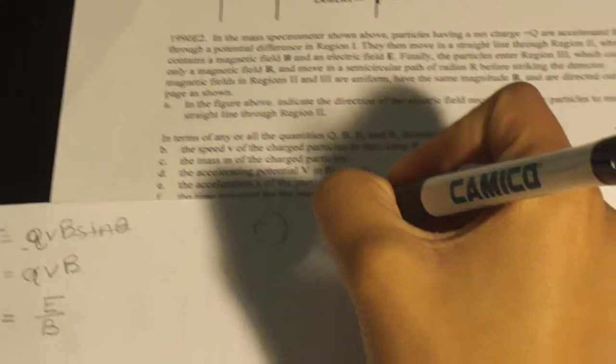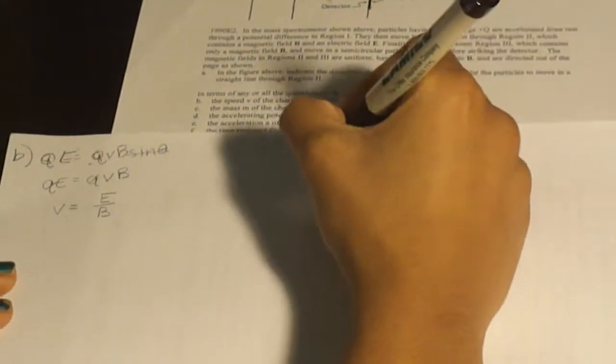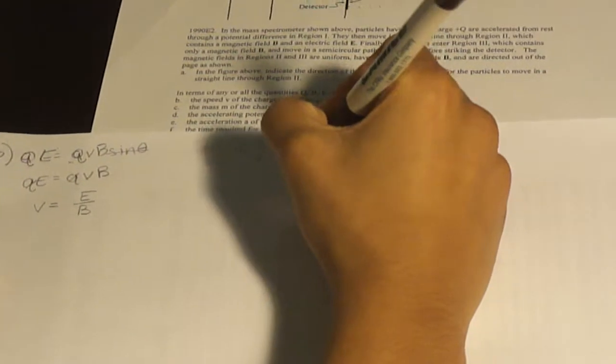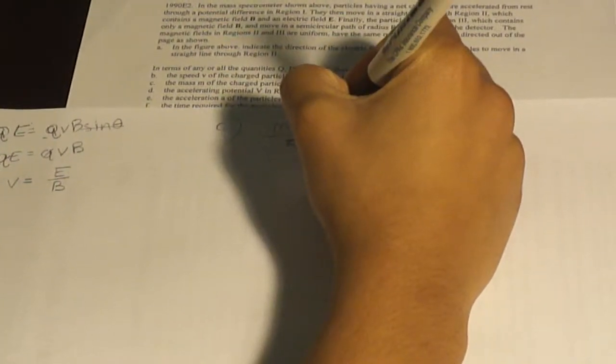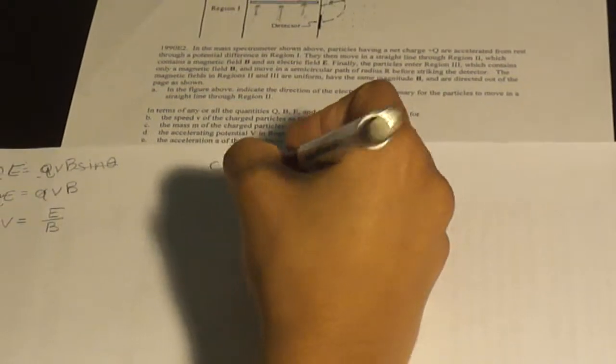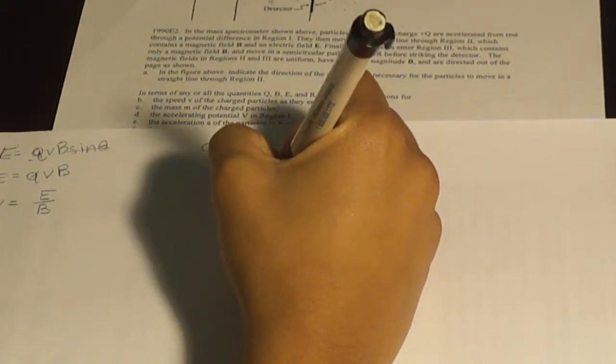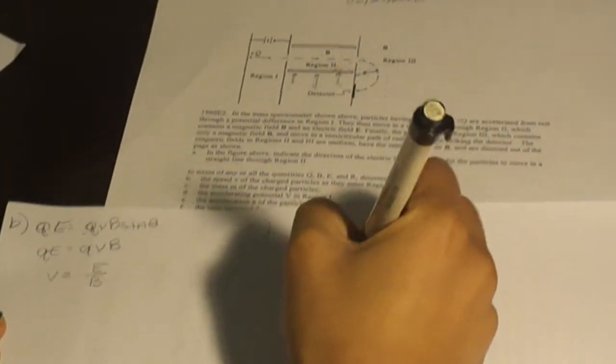Part C asks for the mass m of the charged particles. So we can use the formula for centripetal force, which tells us that mv squared divided by R is equal to the force, which is QVB. We need to isolate the m, so we first cancel out a velocity and get mv over R equals QB.